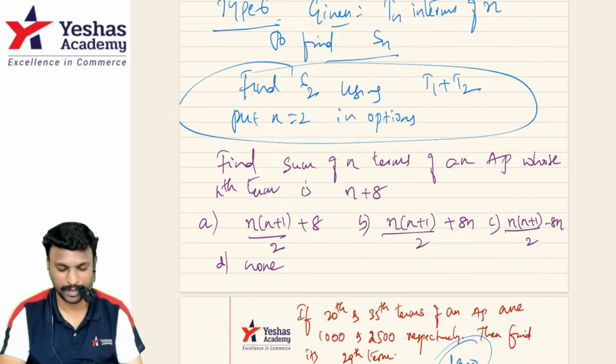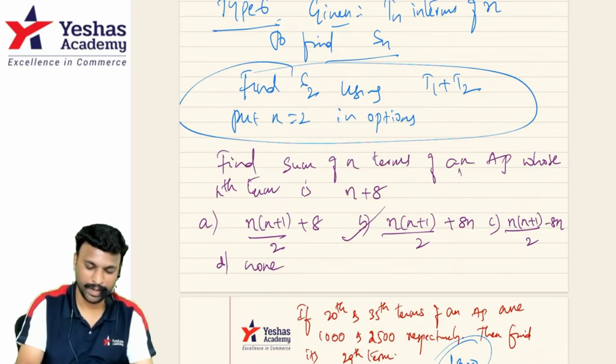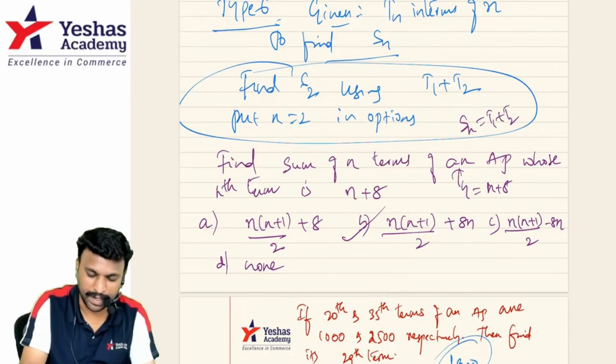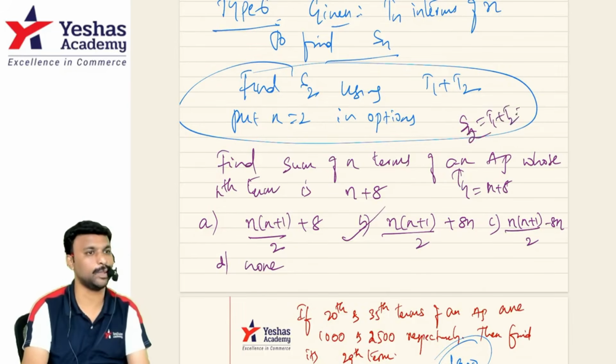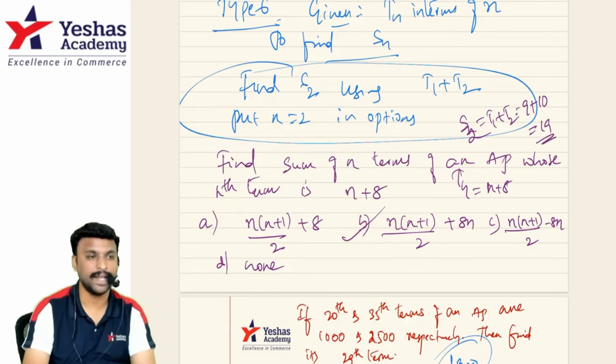Which option? Tn is given as n plus 8. So Sn, how do I find? T1 plus T2 by putting n equal to 2. What is T1? 9. What is T2? 10. So the sum of two terms is 19.